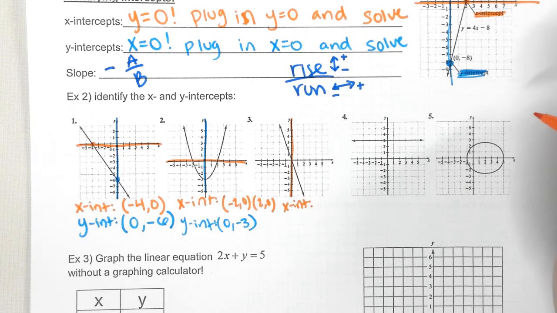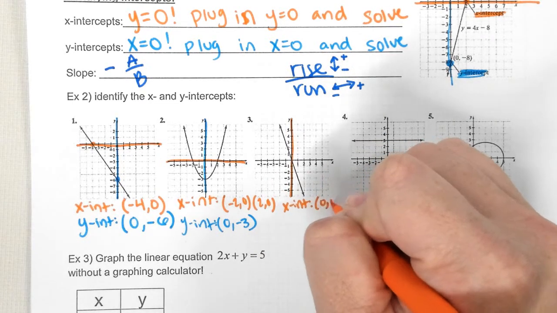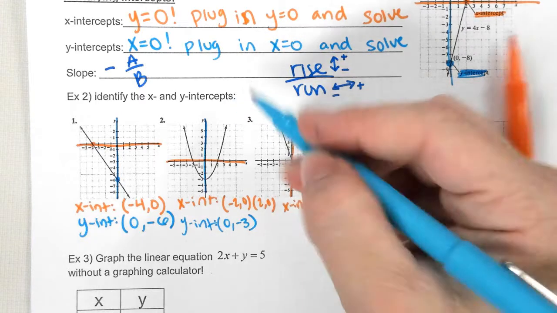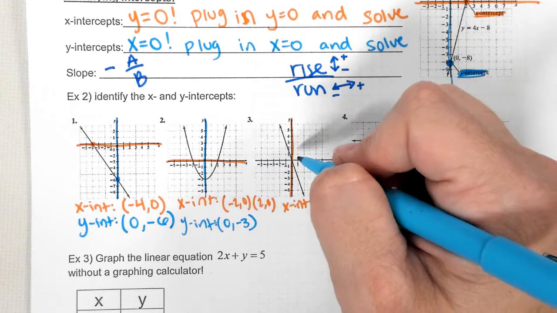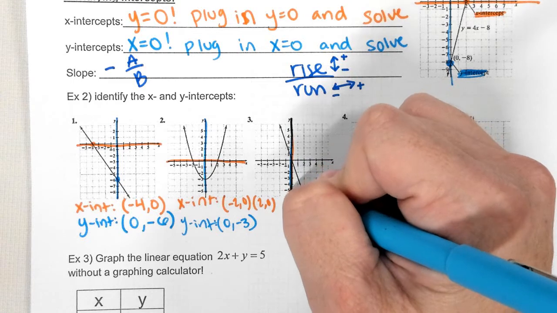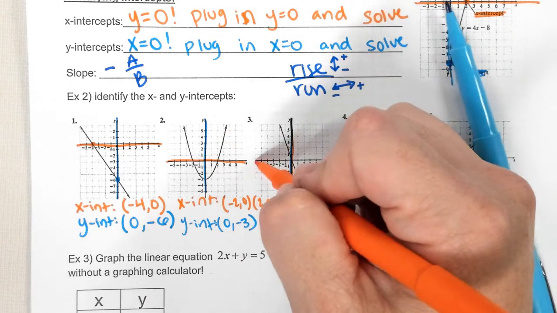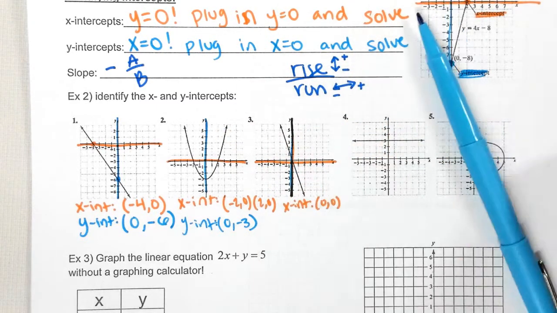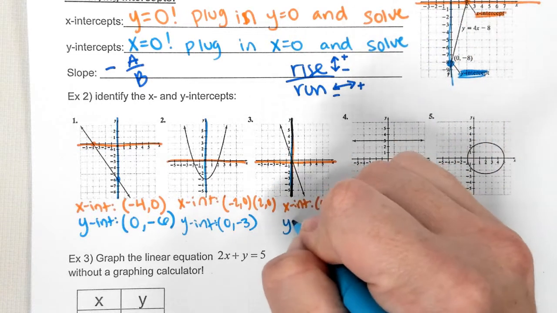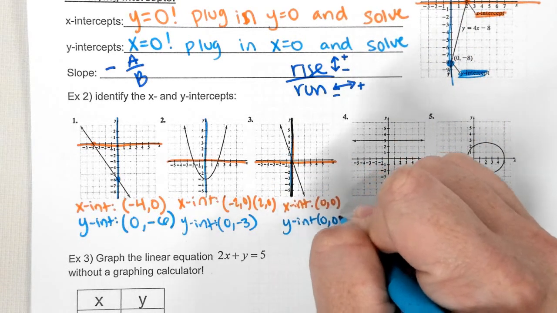Where does it touch on number 3? At 0. So it's 0, 0, which is the exact same place that it touches the y-axis. So my y-intercept is also 0, 0.